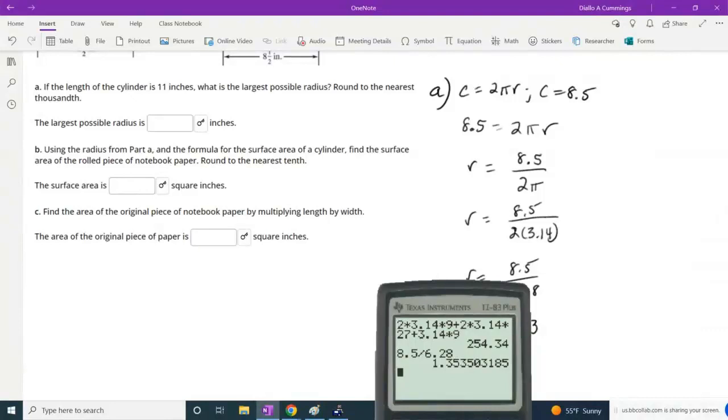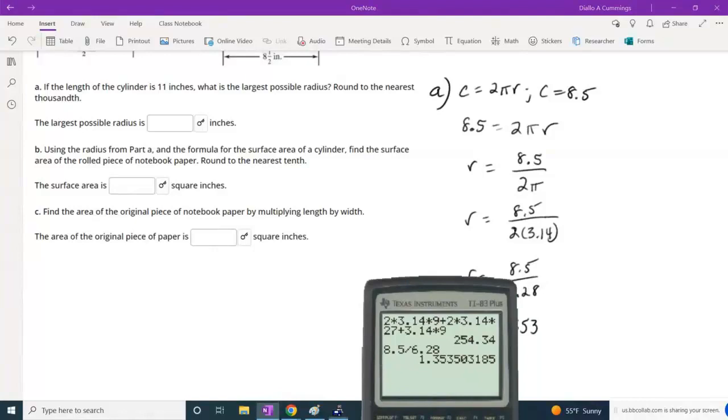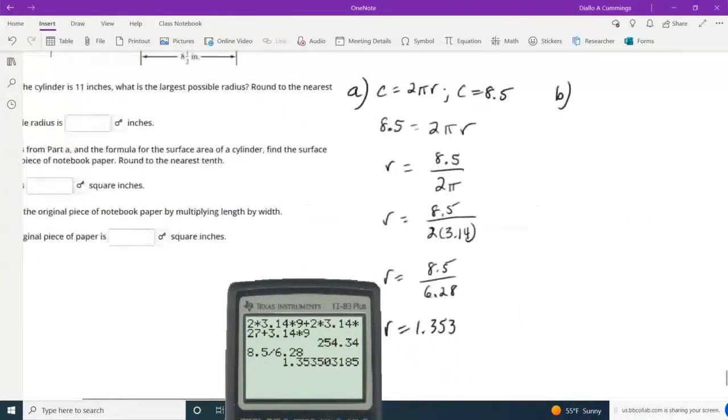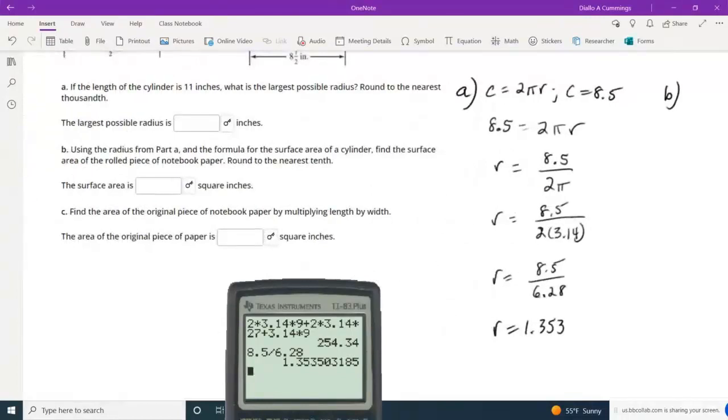B says using the radius from part A and the formula for surface area of a cylinder, find the surface area of the rolled notebook paper and round to the nearest tenth. So this is B. So now if I'm finding the surface area for this sheet of paper, notice that it does not have a top or a bottom. The top is open and the bottom is open.